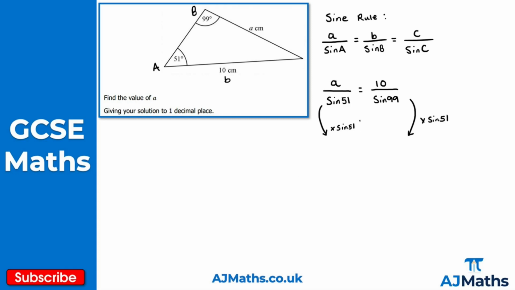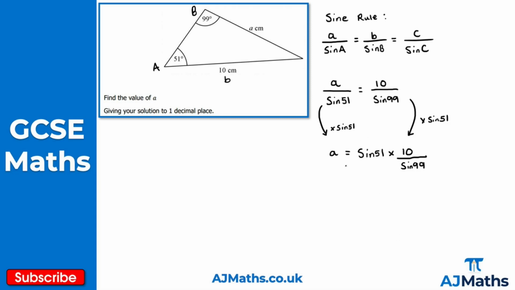On the left hand side, we simply get left with a on its own, which is what we want. On the right hand side, we're going to get sine 51 times 10 over sine 99.